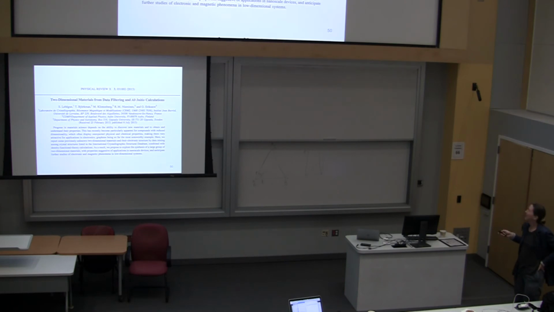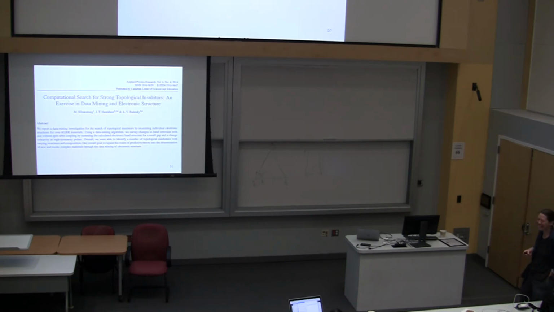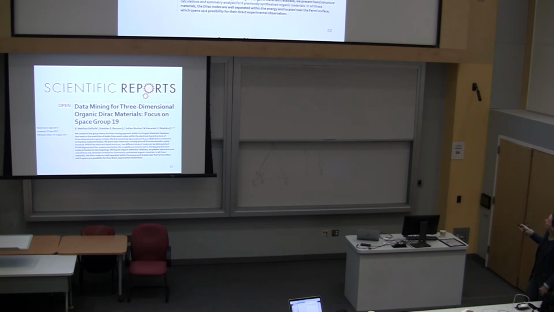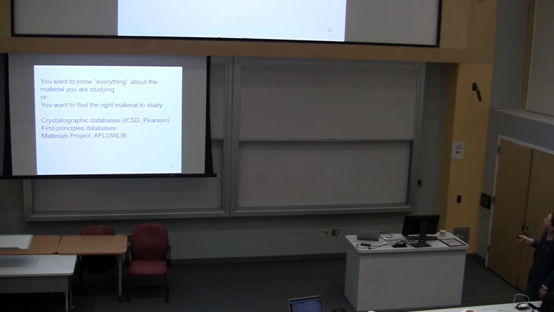Well, I'll just keep going. Looking for topological insulators. Again, you have a bunch of candidate compounds. You crank out the band structure and look for that band inversion. Looking for Dirac materials. That's another topological feature in the band structure.